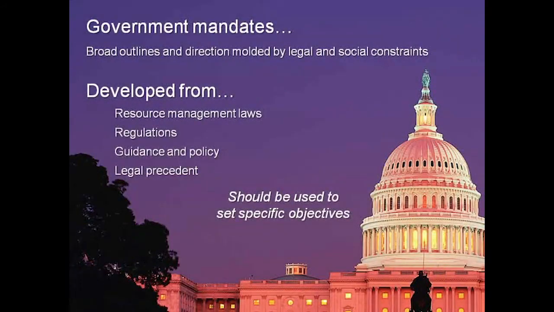There are government mandates that provide broad outlines and directives, and those mandates are molded by legal and social constraints. They're developed from resource management laws, from regulations, from guidance and policy, from legal precedent. And all of that needs to be considered when we're developing the objectives for a particular decision problem.